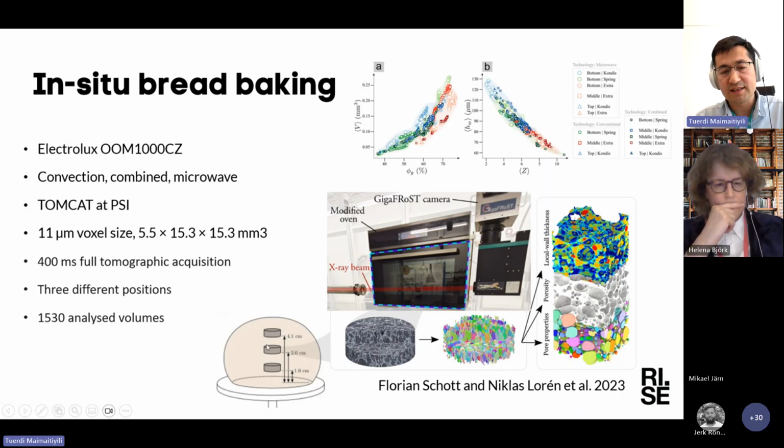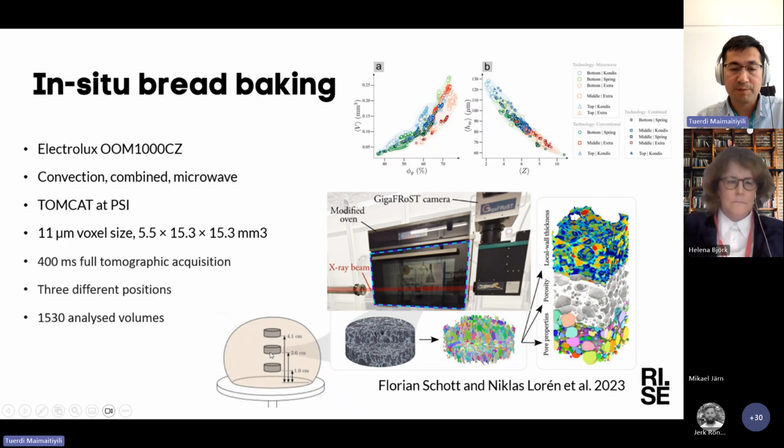And in each case, they collected the image in 400 microsecond time. So it's a sub-second kind of imaging, very fast. And in all cases, they measured 3 places in every measurement point, and in total 1,500 volumes they analyzed.